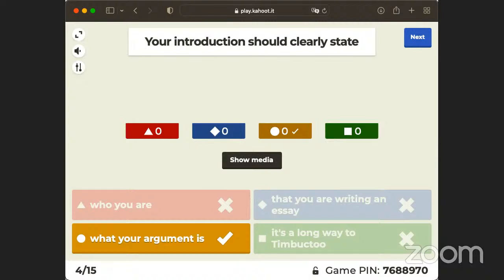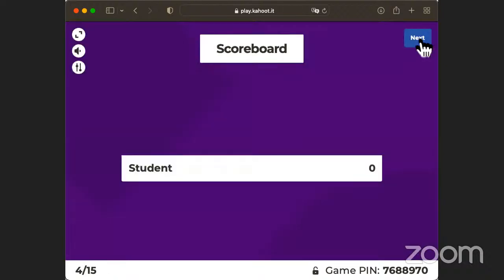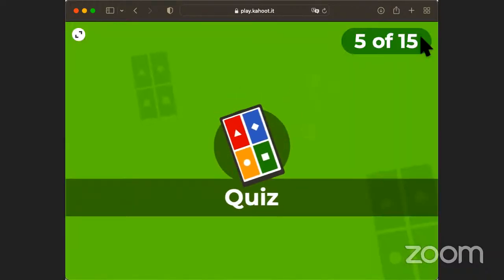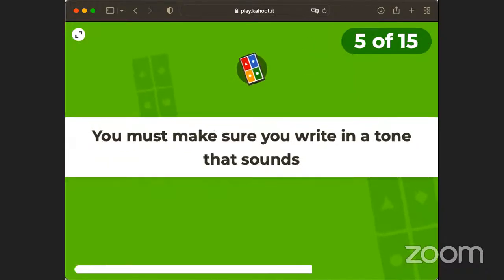Also a thesis statement, right? And this thesis statement is your argument, right? So what do you think about, and what's your opinion towards that specific topic? So that's your argument, that's your thesis statement. What you want to write.